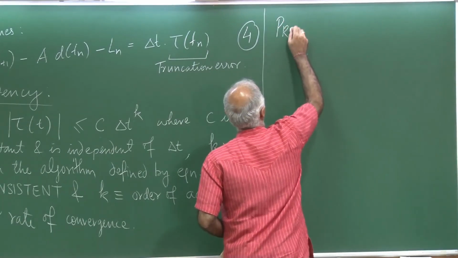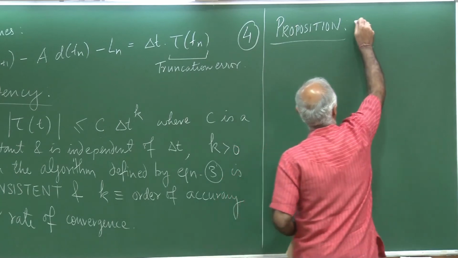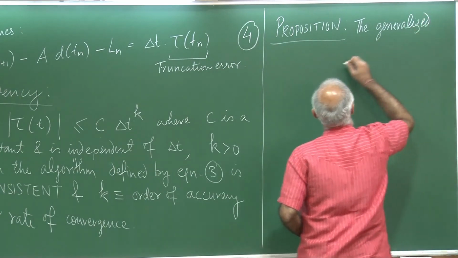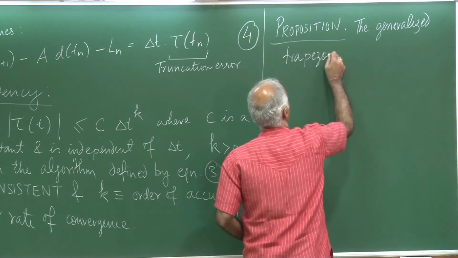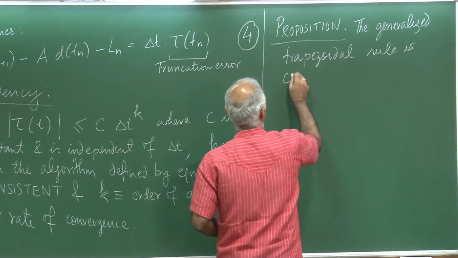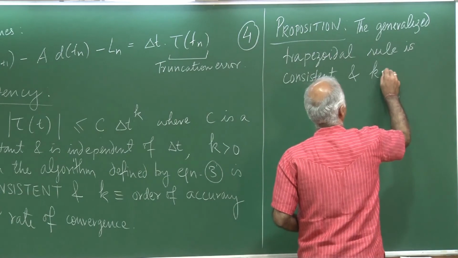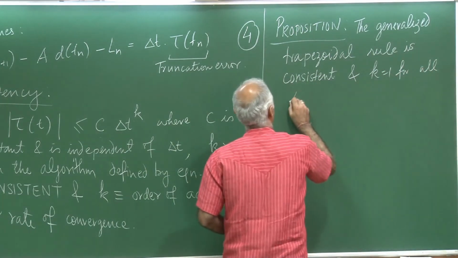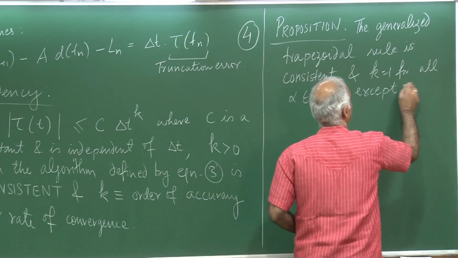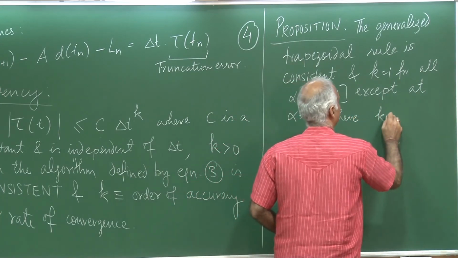So, this is the proposition: the generalized trapezoidal rule is consistent and k is equal to 1 for all alpha belonging to 0 to 1 except at alpha equal to half, where k is equal to 2.